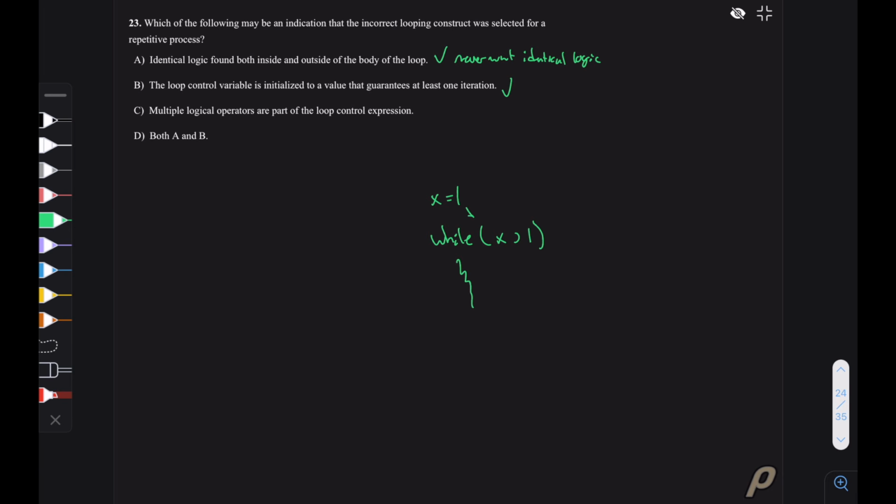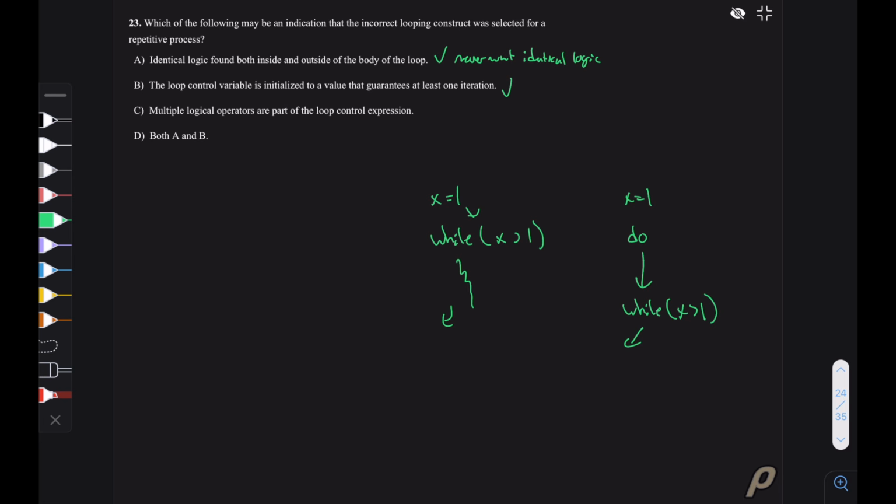Then in this case, we won't actually do any looping, so we'll avoid looping at all. But say we had a do while loop, right? We had a do while with the same exact logic. Then we would be doing an extra iteration where we don't actually need to be doing it.